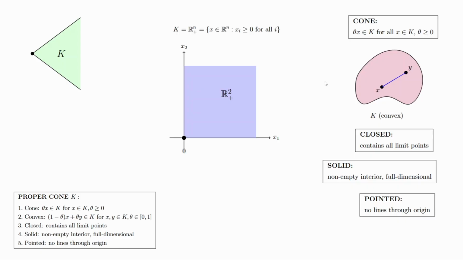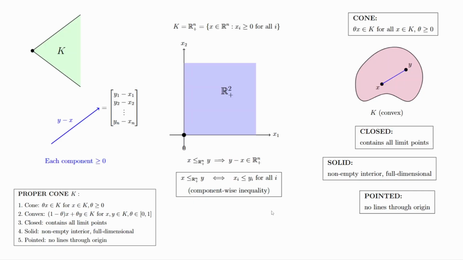Now let's consider what is meant by the generalized inequality x is less than or equal to y under this cone. What this means is that y minus x is in the positive orthant. For a vector to be in the positive orthant, each entry must be non-negative.